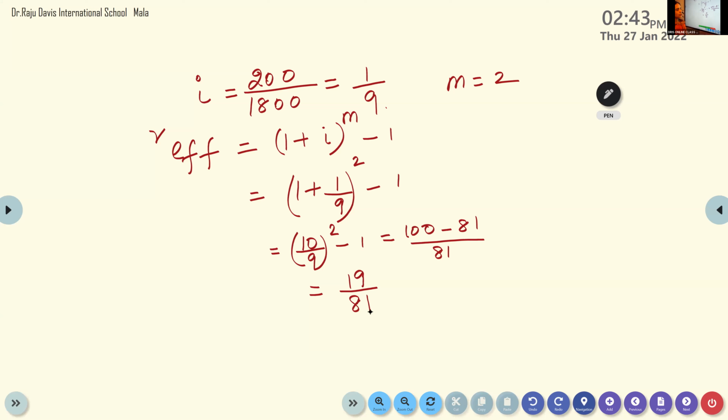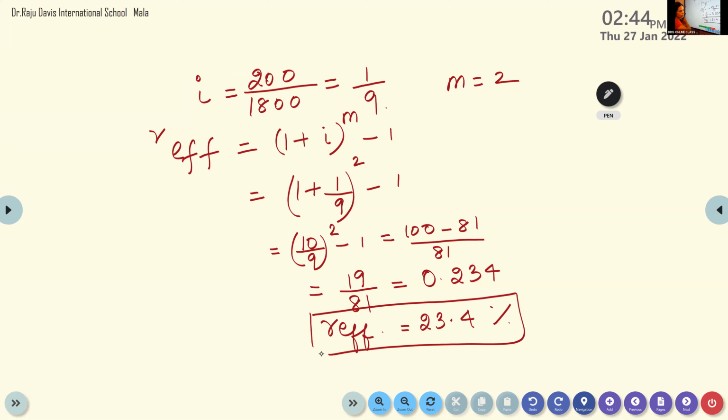What is the answer, Aishwarya? 0.234. Okay. So when you convert this to percentage, you multiply by 100, isn't it? So 23.4 percentage. Effective rate of interest is 23.4 percentage.